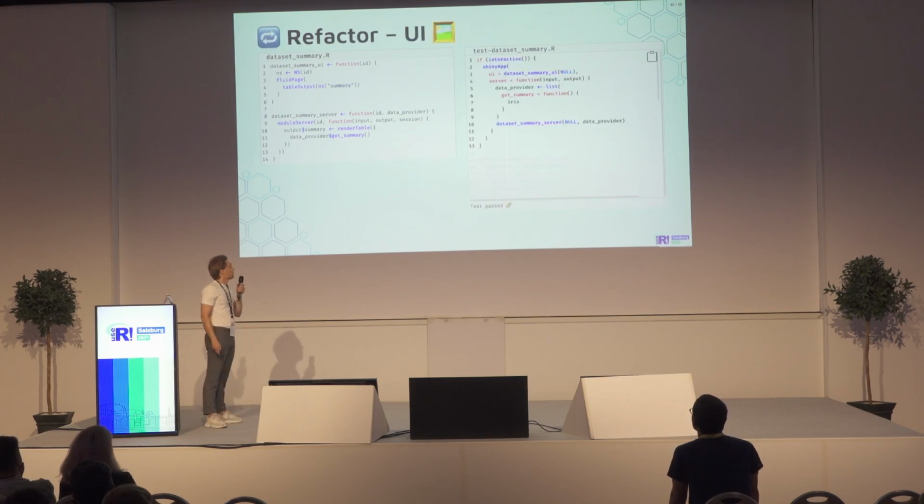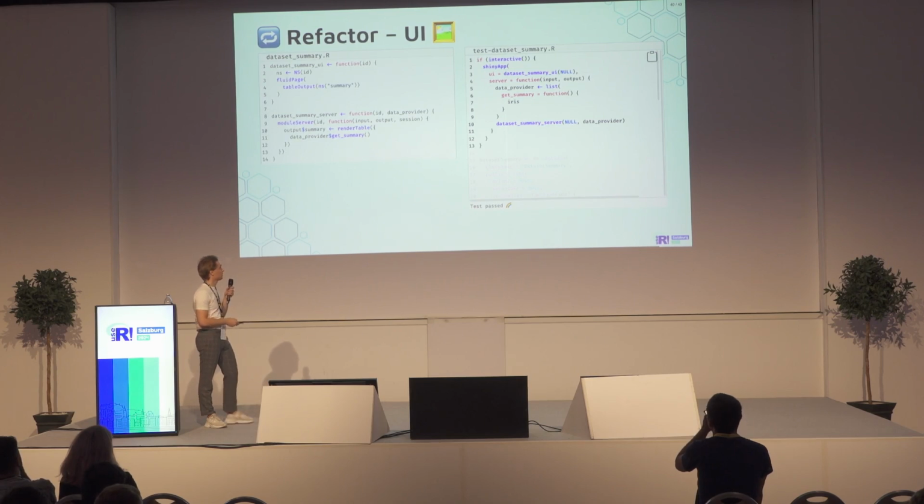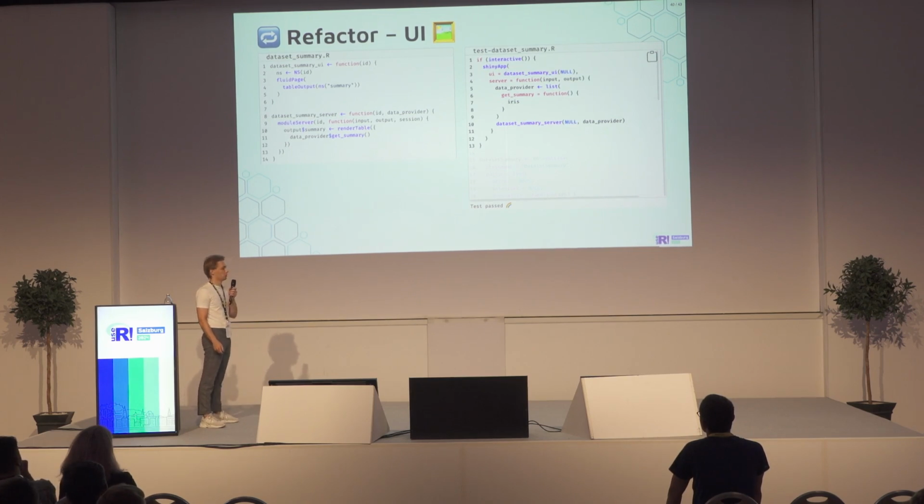So in this way, tests are our entry points to the code base. And if we add such a little snippet to our test case with a similar call to a Shiny app as we did in a test case, we can run it interactively. And it actually allows you to work on the interface with a very fast feedback loop.